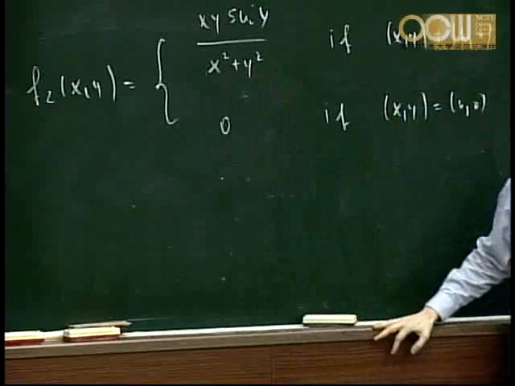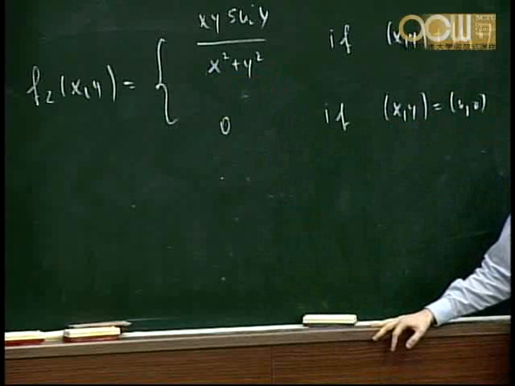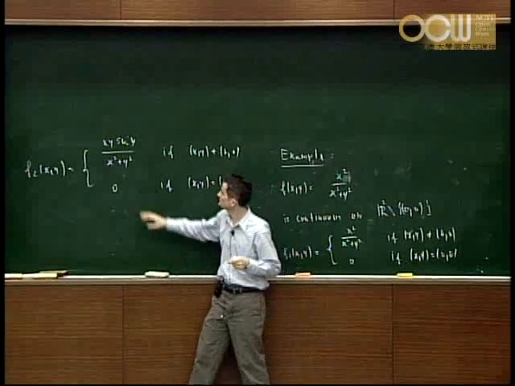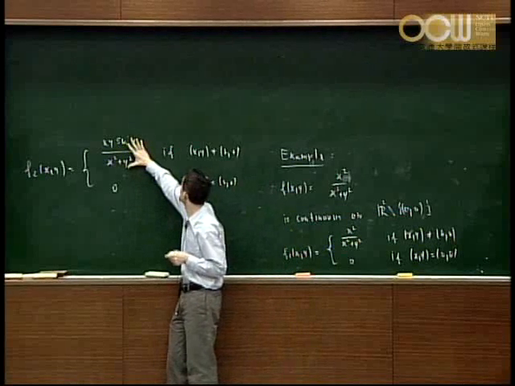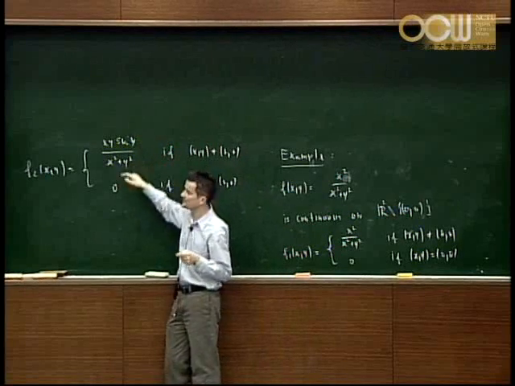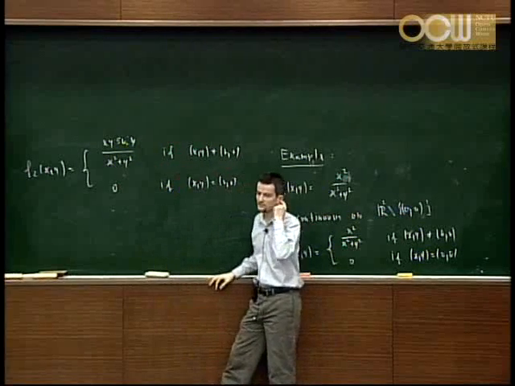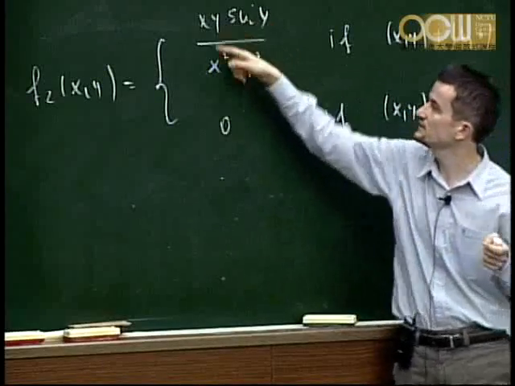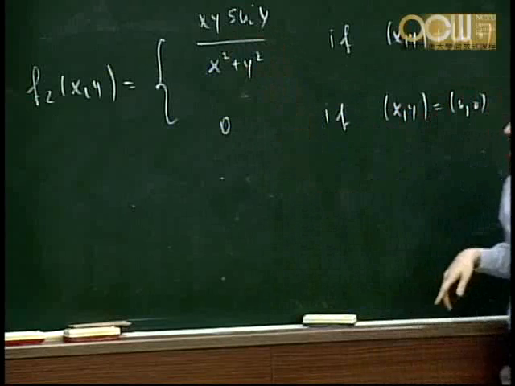If you know that the quotient of continuous functions is continuous, except for the points where the denominator is equal to 0, then you know that the whole thing is continuous on this domain here. And we know that the limit as (x,y) tends to (0,0) is equal to 0. So this is how we can make this function continuous at the point (0,0).